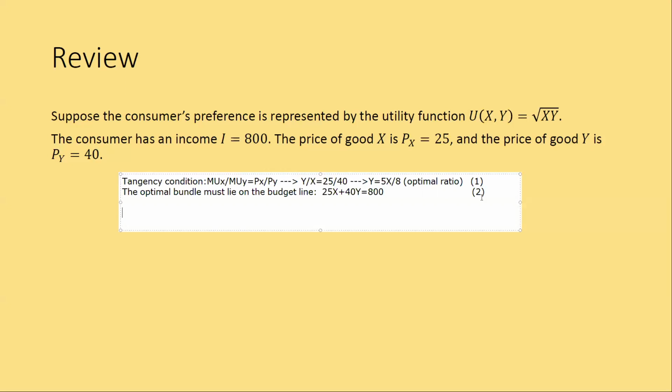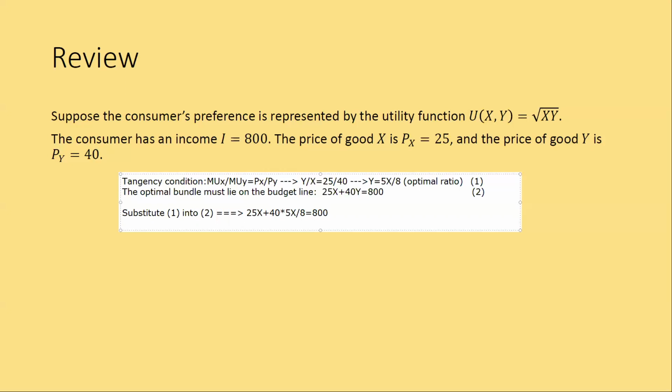To solve for the result, we can substitute the first equation into the second. What we get is 25x plus 40 times y, and now y is 5x divided by 8, so it is 40 times 5x divided by 8.